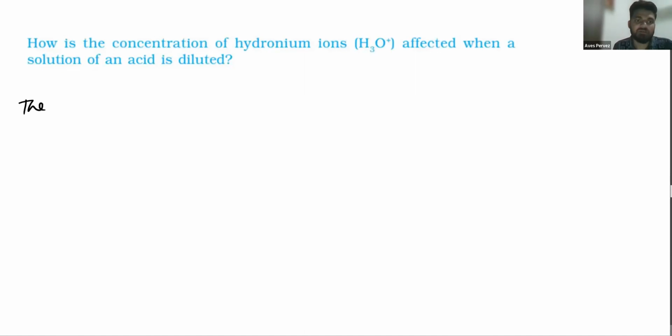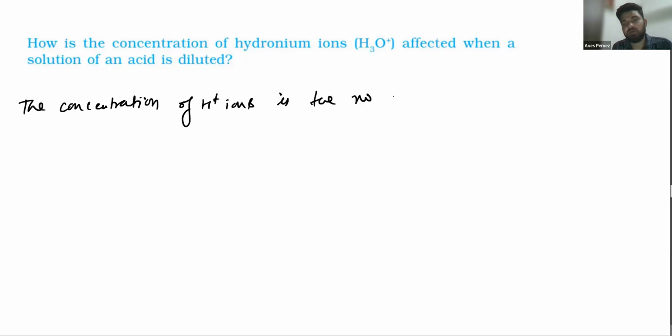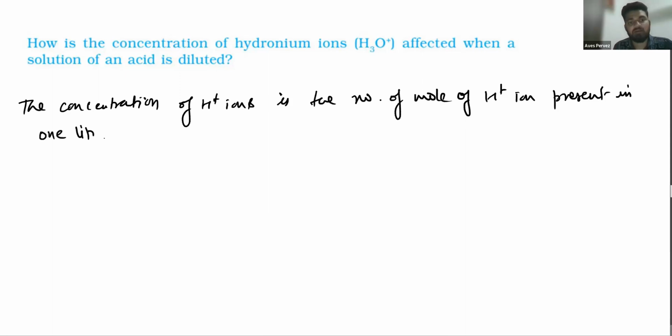The concentration of H plus ions or hydronium ions is the number of moles of H plus ions present in 1 liter of solution.